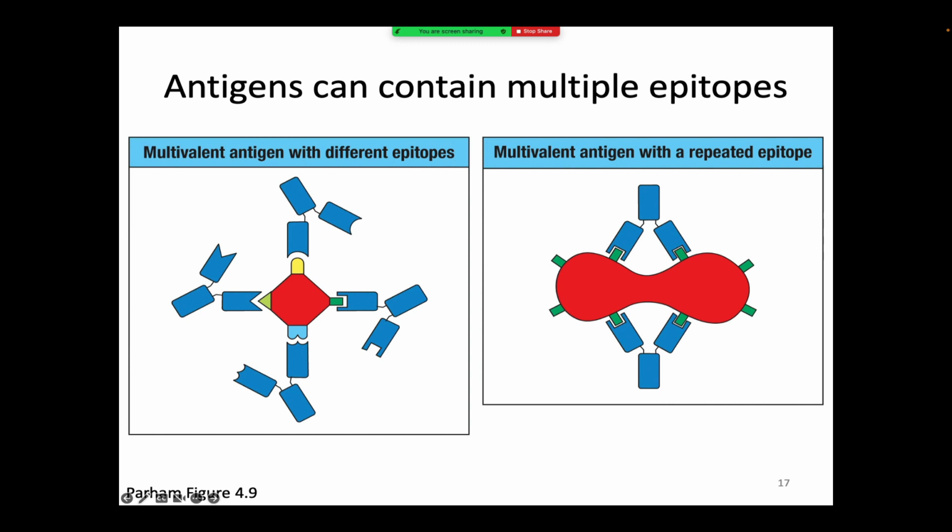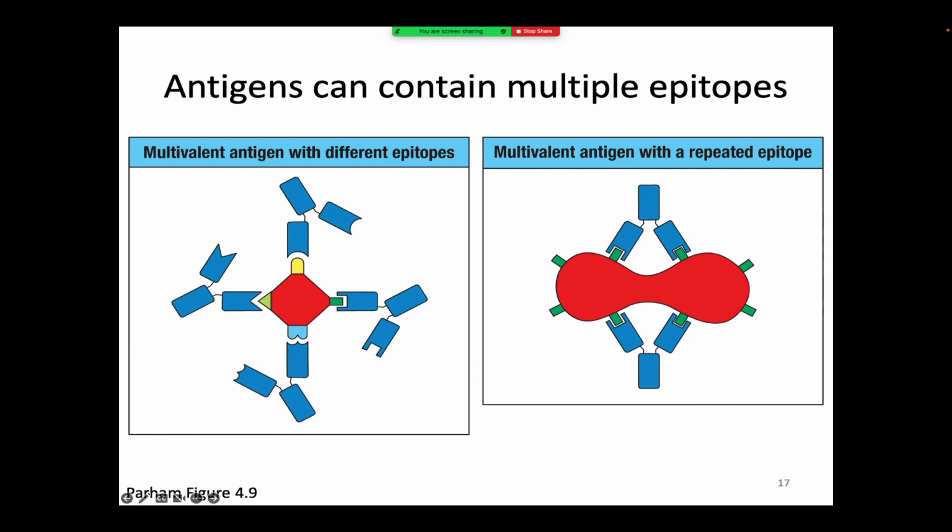Here you can see an antigen that has the same epitope repeated over and over. In either case, multiple antibody molecules can bind to those antigens. Here it's 4 different antibodies binding. Over there it's 2 of the same antibody binding. But in the end you can see multiple antibodies can bind.